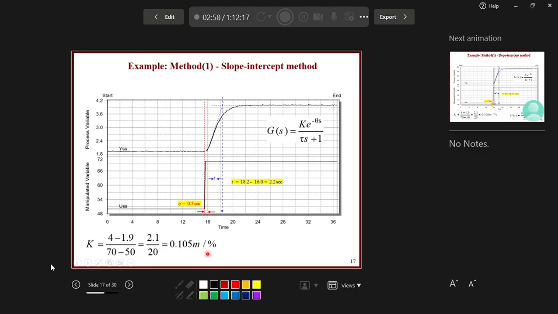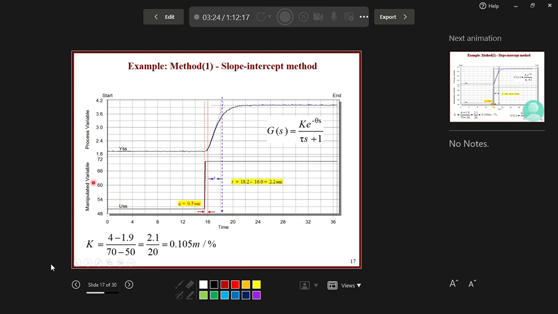The unit is very, very important for K. If you don't put a unit for the K, it means that the quantity is unknown and I will regard it as wrong. Make sure to put the unit for the K. The unit of K is the unit of the output divided by the unit of the input.